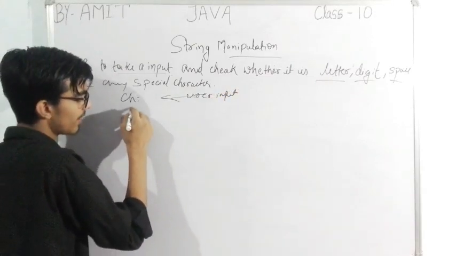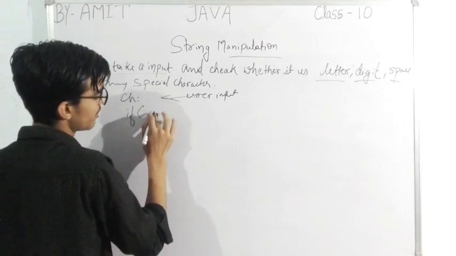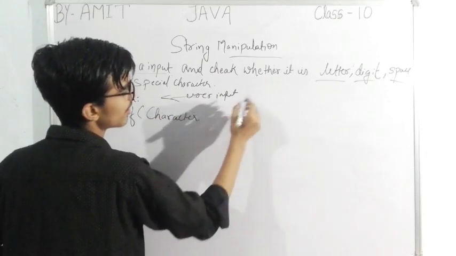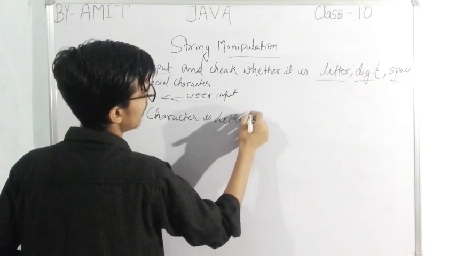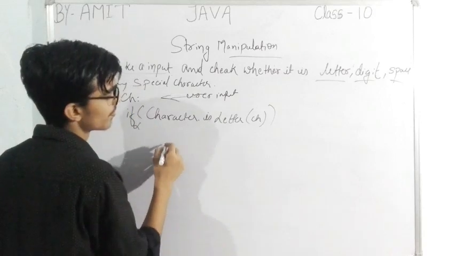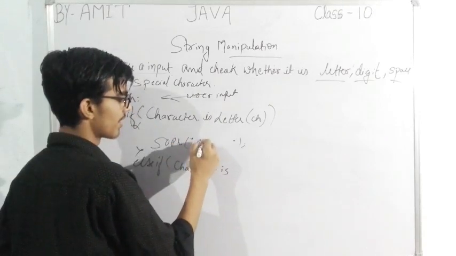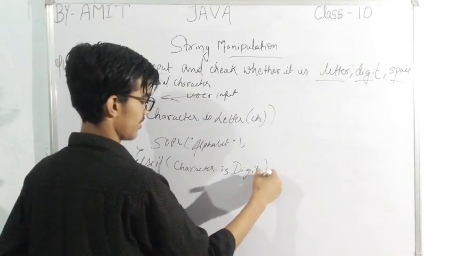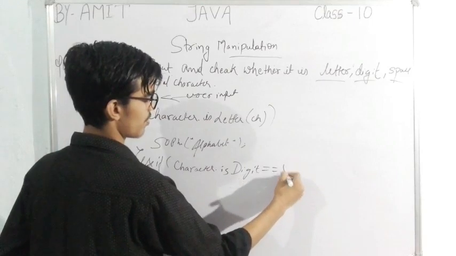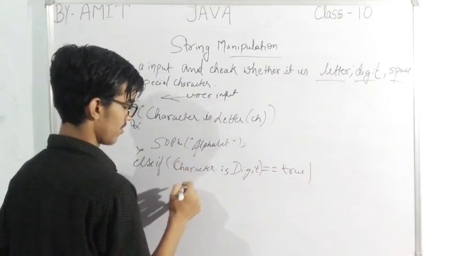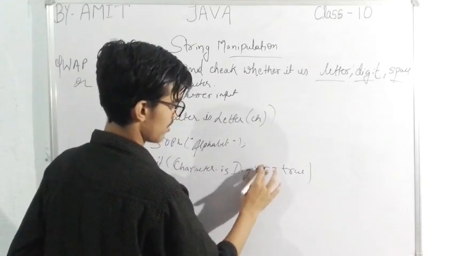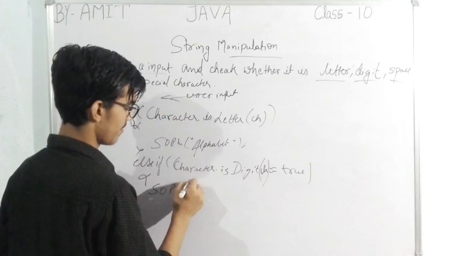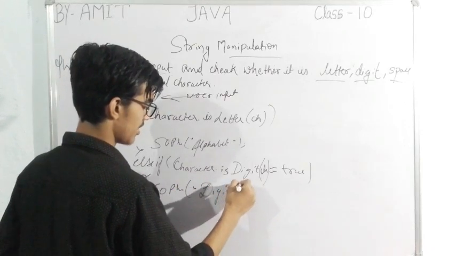After this, we'll write if (Character.isLetter(ch)) then print alphabet. Else if (Character.isDigit(ch) == true) then System.out.println digit.